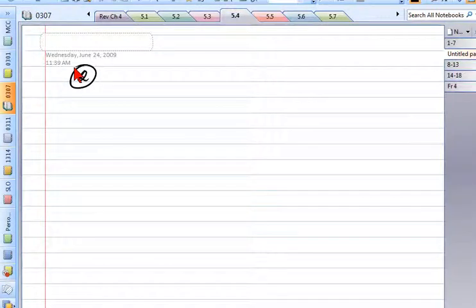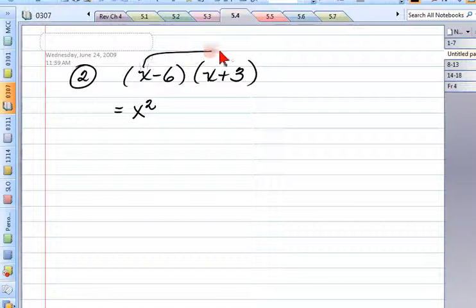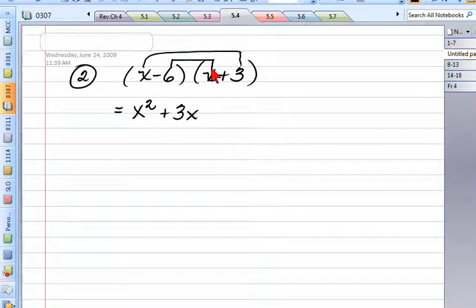All right, problem number 2. You're asked to multiply x minus 6 times x plus 3. All right, what's the product of the first? X squared. What's the outer product? 3x. What's the inner product?